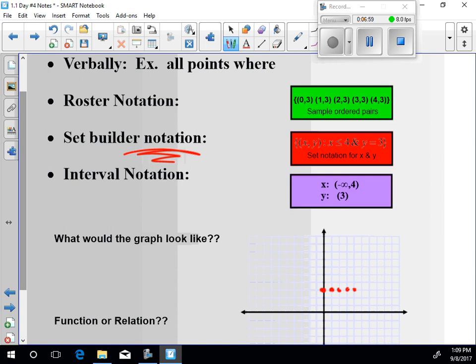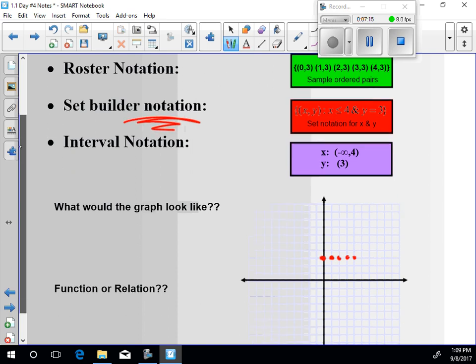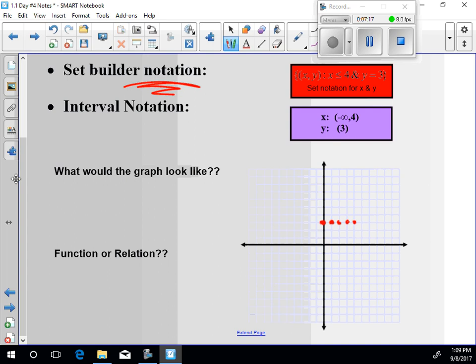Could x equal, say, 3.9? Sure. Could it equal negative 2.5? Sure. Can it exceed 4? Can it equal 4? Yes. So this set builder notation is supposed to represent the same set. However, when sketched, it should look like that. Y is always equal to 3, and x is less than or equal to 4. Boom, I got a horizontal line starting at 4 and heading off to the left forever.